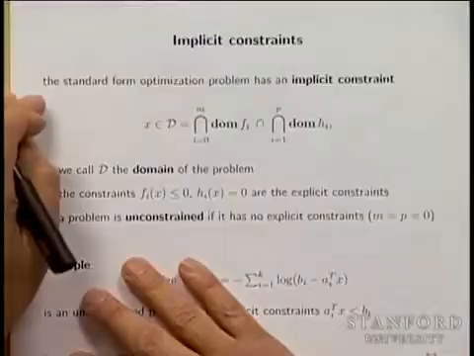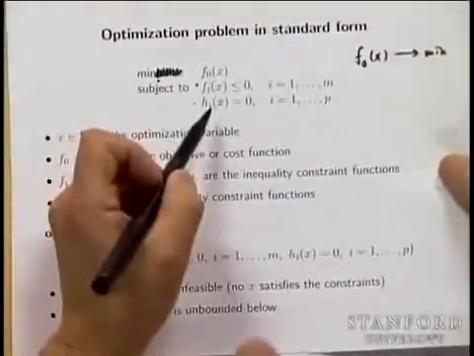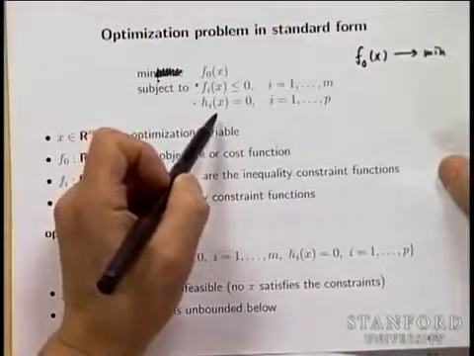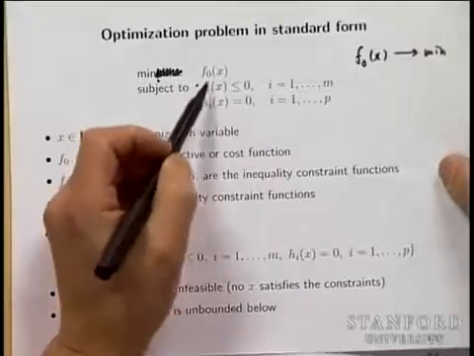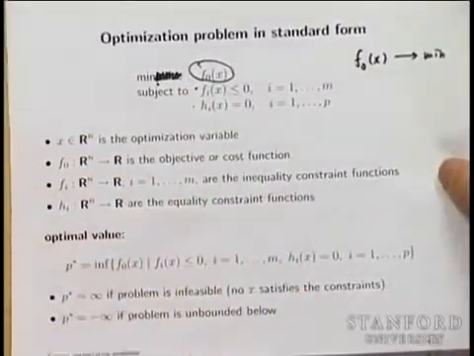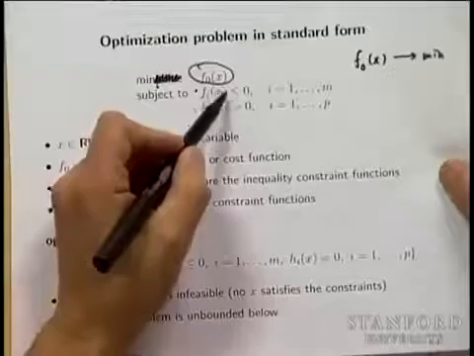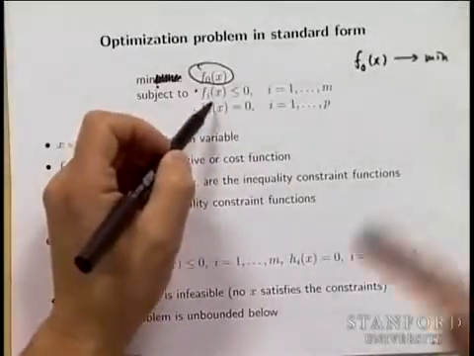Okay. Now, when you have this standard form problem, when you write this down, there's the implicit condition. This basically says this function is what you're going to use to compare two proposed points that meet the basic requirements. The basic requirements are that you should be feasible, but there's even something more basic.